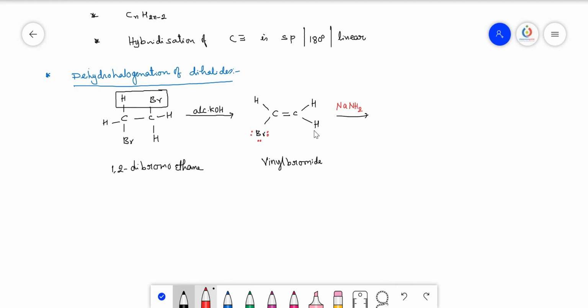So when sodamide is used, this sodamide has the sufficient ability to remove the hydrogen and halogen even from the unsaturated compounds, so that hydrogen halide will be removed, and finally we get the HC triple bond CH. This is the acetylene molecule. Okay. So here you can do one thing, that not necessary to use the alcoholic KOH, even you can use the sodamide directly in both the cases.